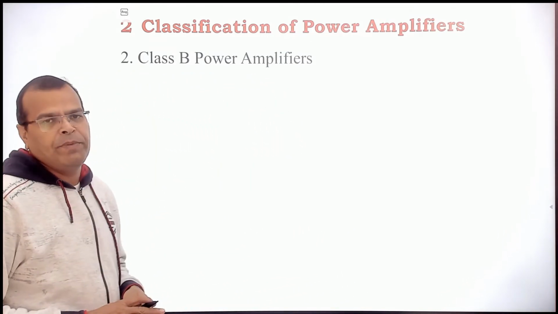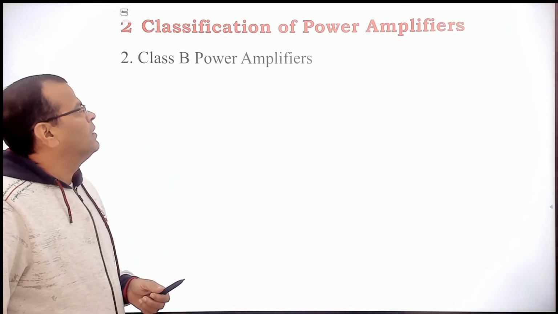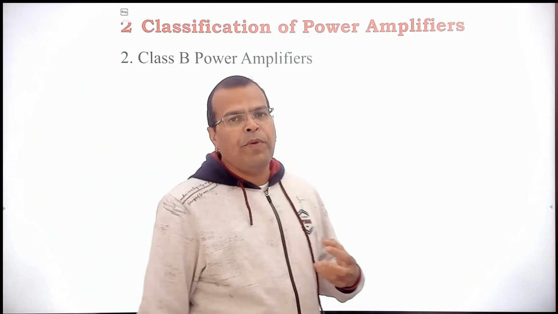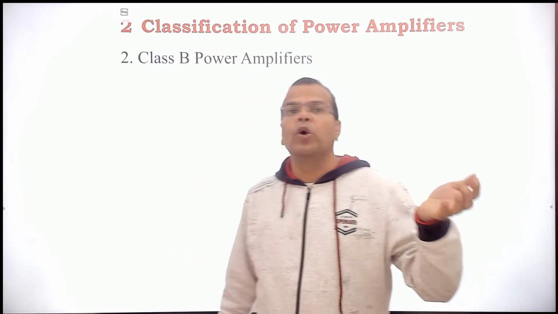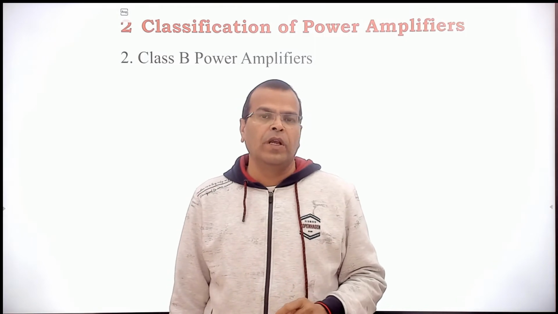Then class B amplifier. In class B amplifier, remember, the operating point is located in the lower half of the load line near the cutoff region.